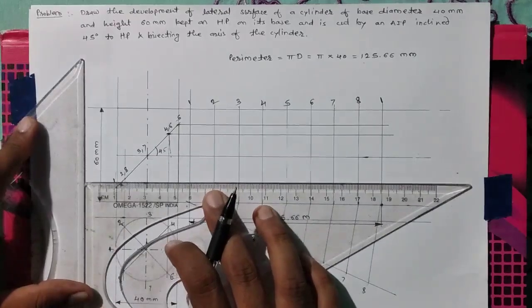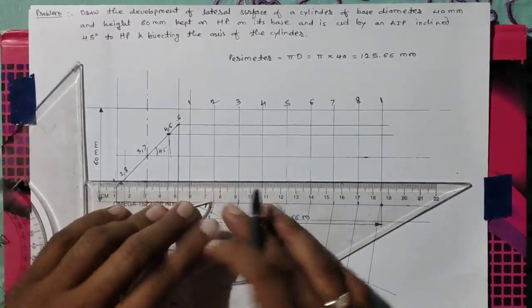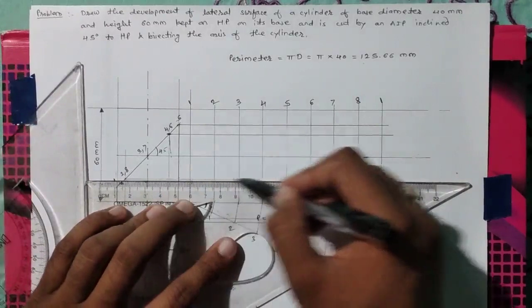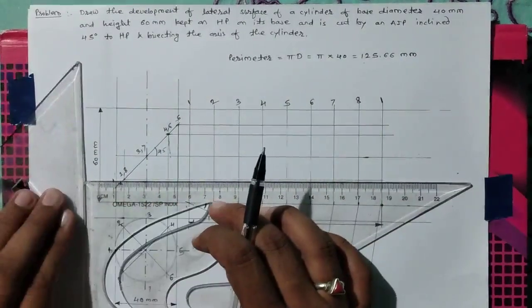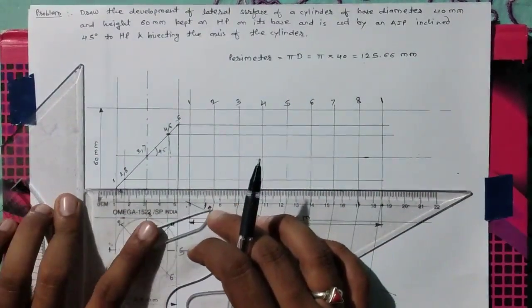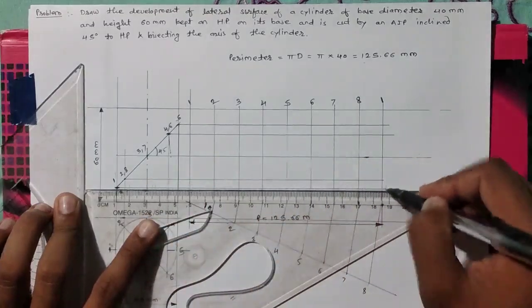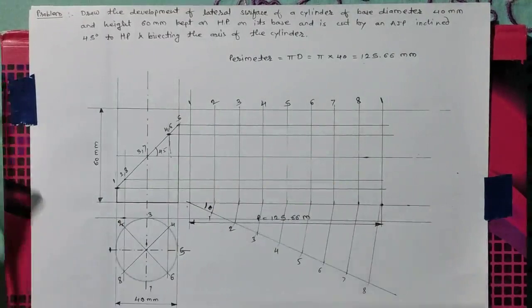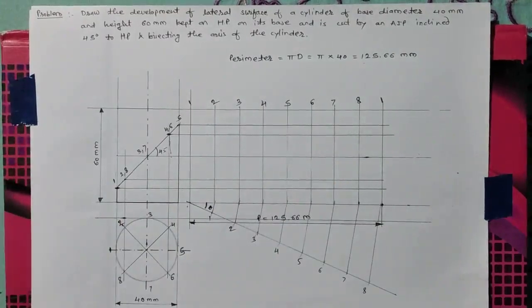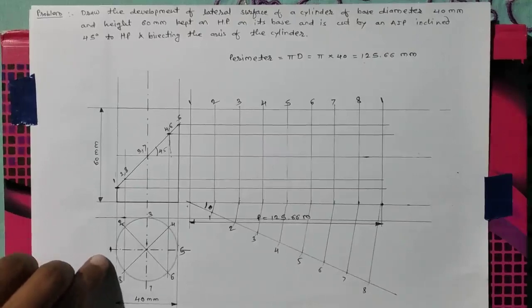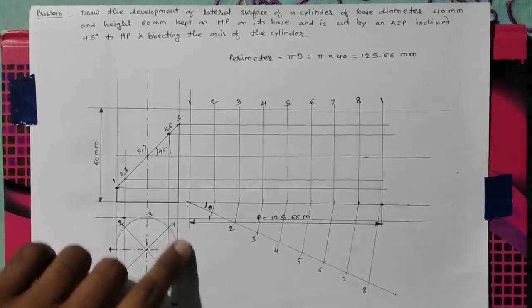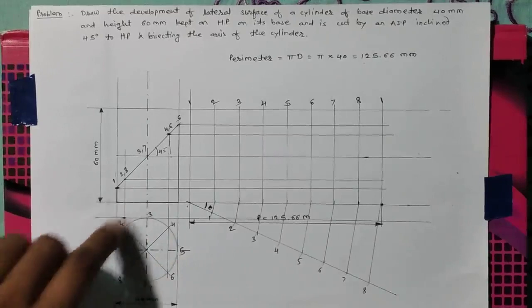Now take the projection from point 2, 8, and then we are going to take the projection from point 1. Now we have to fix the points which are intersecting each other. We start from 1 2 3 4 5 6 7 8 up to 1.